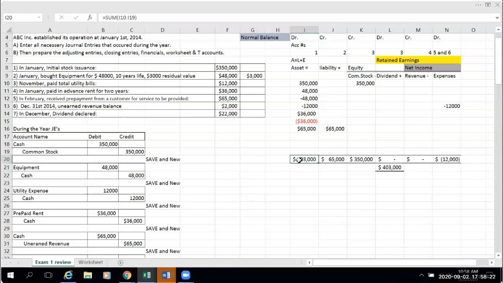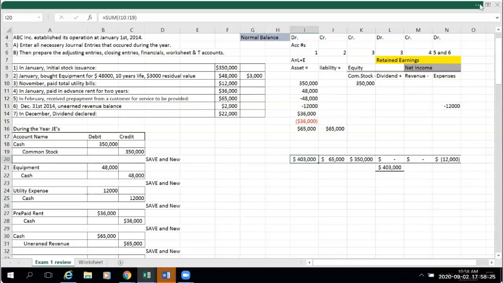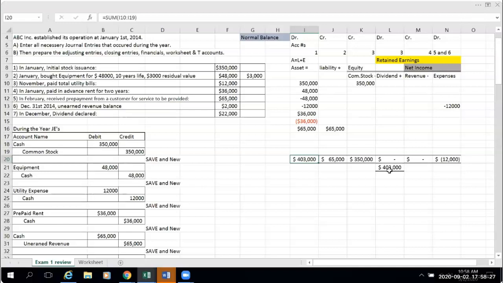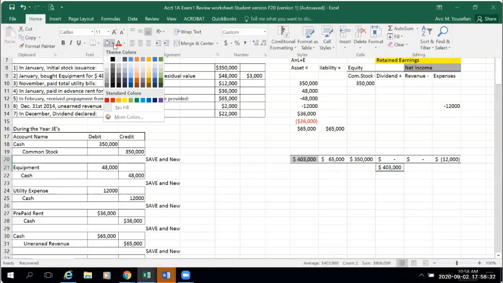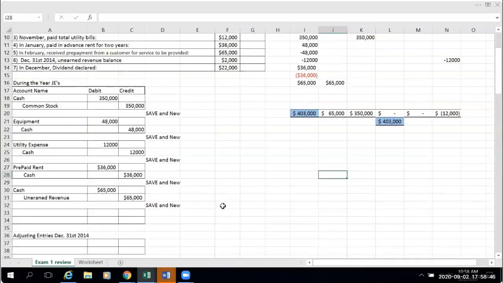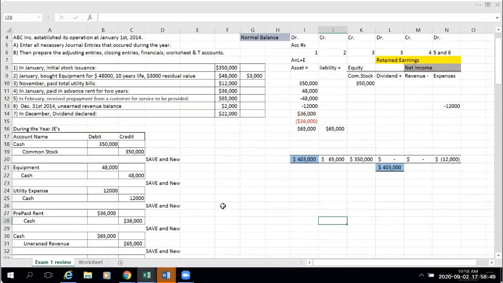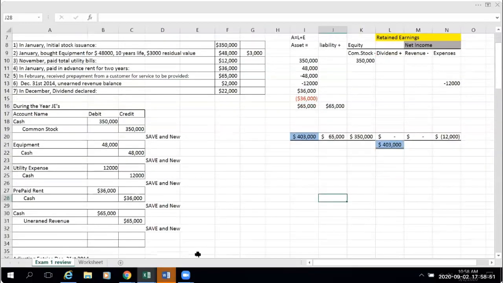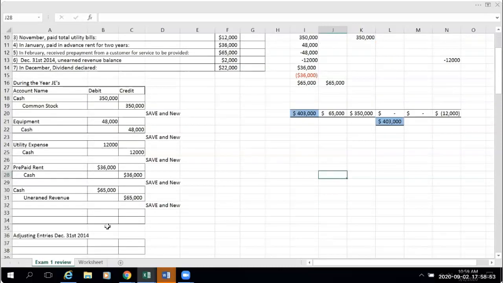So this 403 and that 403 are equal. So we are doing good bookkeeping, looks like, all right? Accounting is good. Easy, not complicated, just follow the specific rules that we are doing. If there is any question, let me know. Other than that, let's do one more.